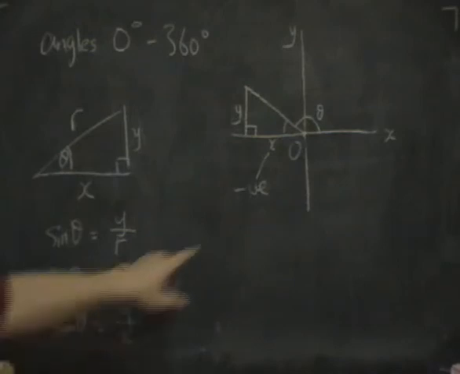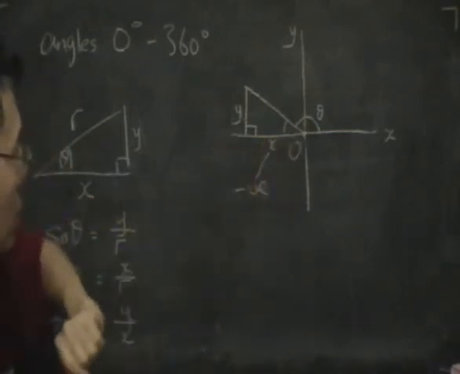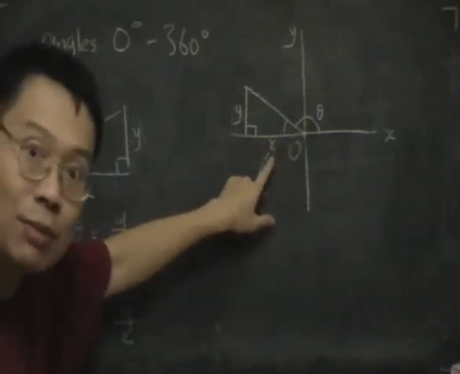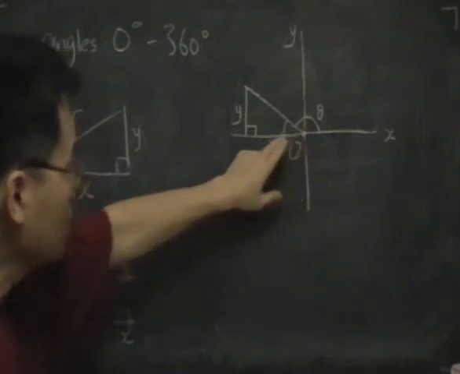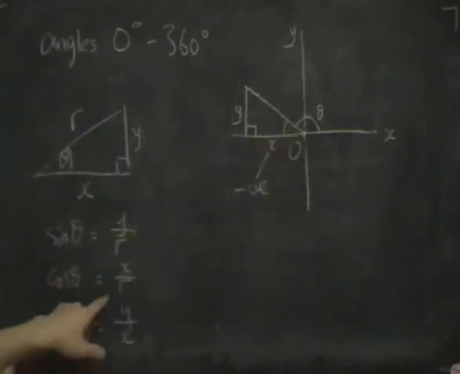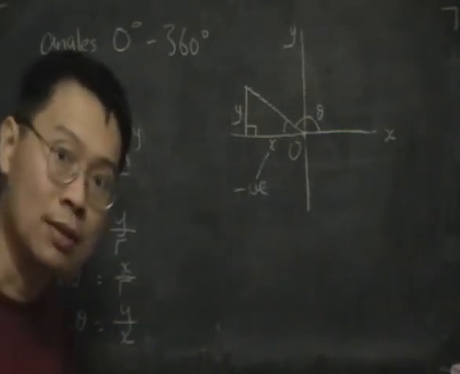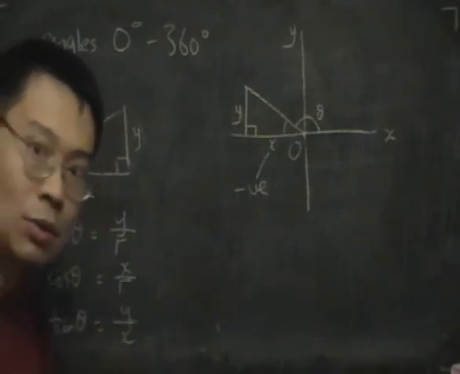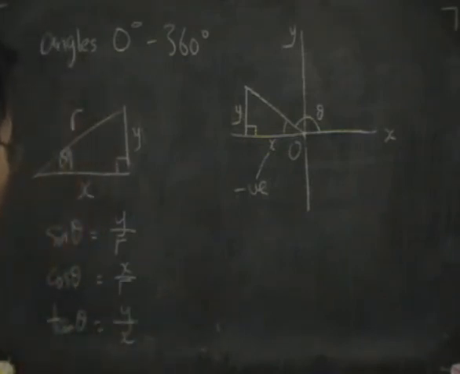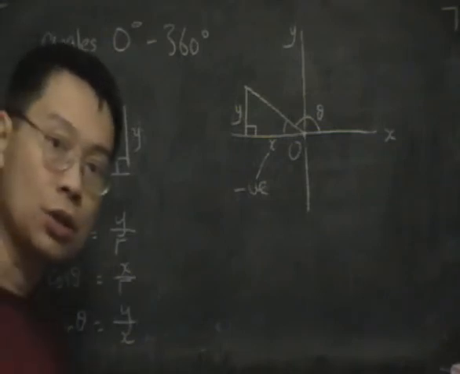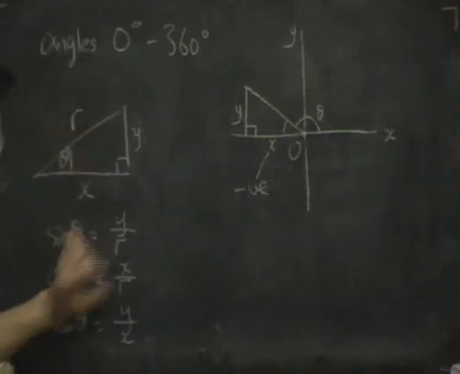In this case, this adjacent is taken to be a negative number, because we are going to take the negative x value. And if I put a negative number in the x, then I will get a negative answer for the cosine. So the sign could change, even though the numerical value does not.